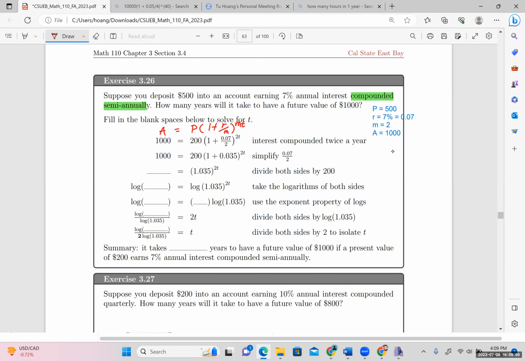So you will have 1000 equal to 200 times 1 plus 0.035 here, because I just simplified it. All right, and then what I do next is I divide both sides by 200. So 1000 divided by 200 is gonna be equal to 5, right?